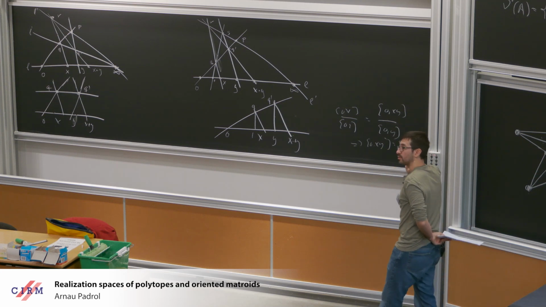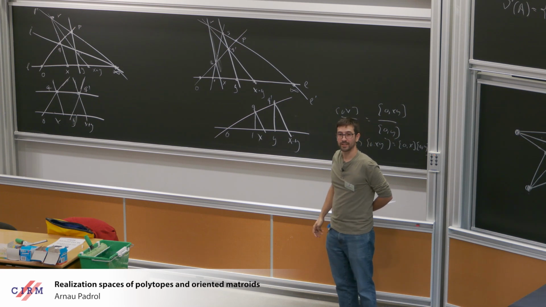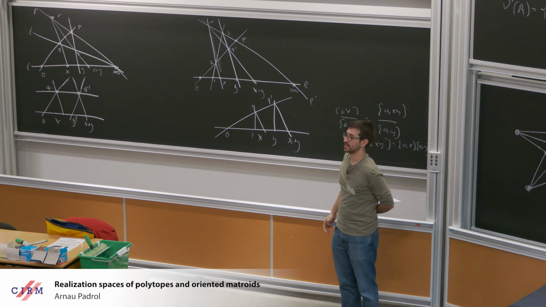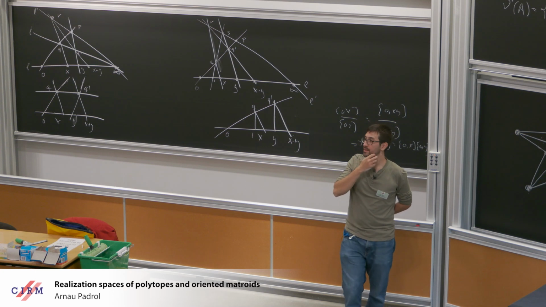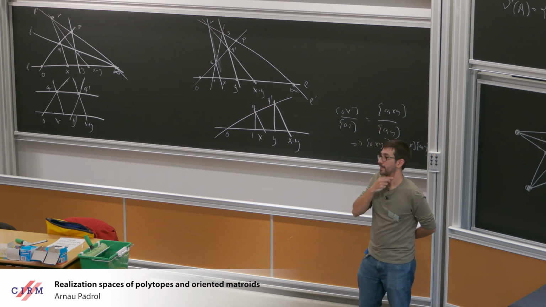How do you go to polytopes? You use the Lawrence extension that encodes oriented matroids into face lattices of polytopes. And this way you get the universality theorem for polytopes.